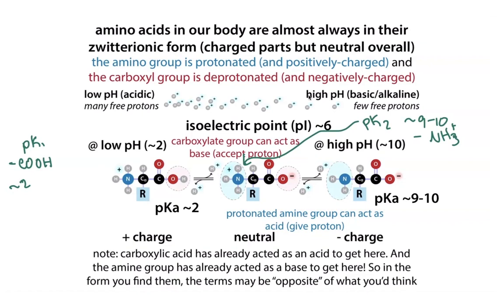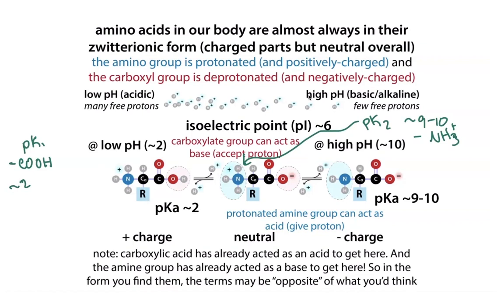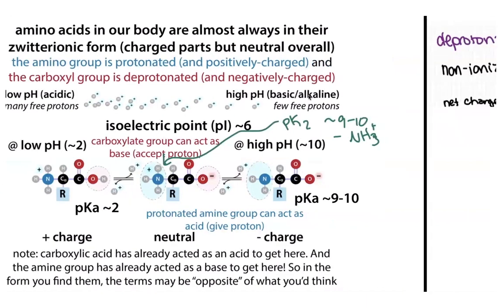In the simplest case, if you just have 2 groups, it's going to be the average of their pKa's. But if you have more, then you have to think through things a little to work out where you would have that 0 point. Because that 0 point is going to come in between the pKa's for 2 of them.